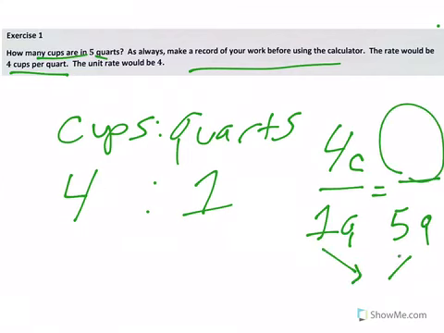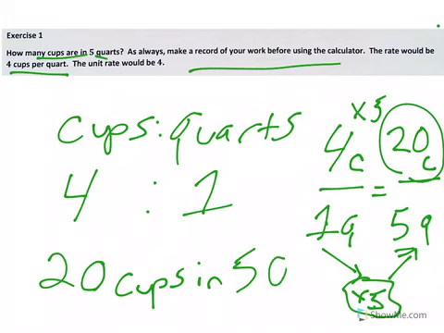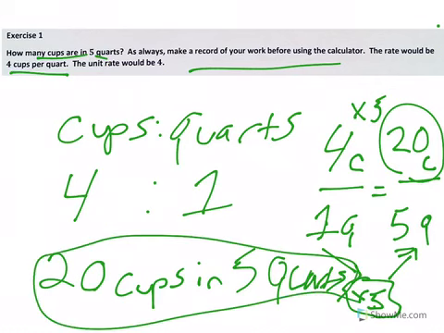To get from 1 to 5, my magic number or my constant, I would have to multiply by 5, right? 1 times 5 is 5. I've got to do the same thing up top. 4 times 5 is 20. So I know I'm looking at 20 cups are in 5 quarts. Okay, pretty simple.